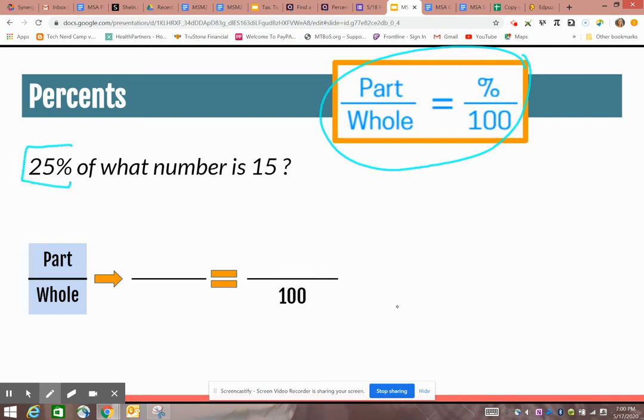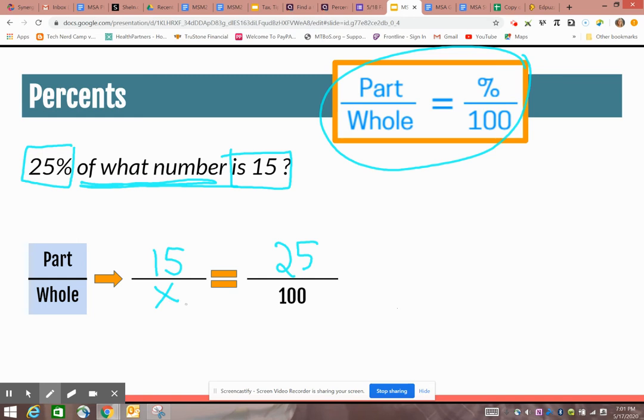I hope you see 25%, and you think the 25 has to go here. That's exactly right. Of what number? We're not quite sure, but we know the part is 15. So the part is 15, which must go on the top, which means we do not know the whole, or excuse me, the whole bottom. So 25 over 100 equals 15 over x.